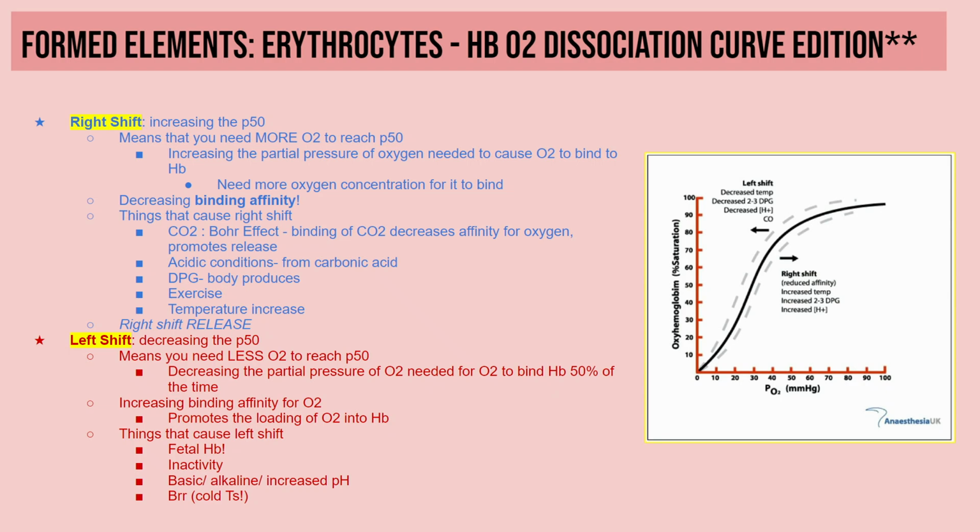So now you've got the right and the left shifts. Different environments and conditions in the body, or like we were talking about, fetal versus adult hemoglobin, can change the hemoglobin oxygen dissociation curve. If you have a right shift, meaning that line is shifted physically to the right, then you need more oxygen in the plasma to reach the same P50, or 2 oxygen bound to the 4 iron.